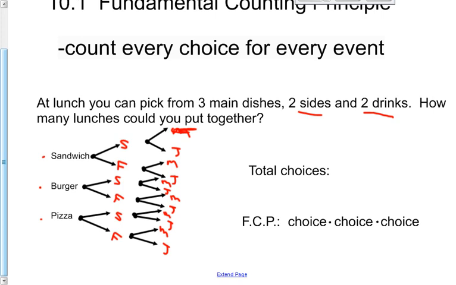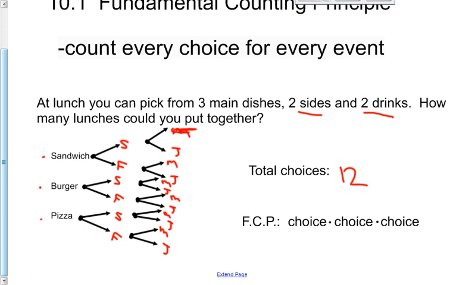If I look at this very last column and count up how many total choices I have, that will give me my answer. So I'm looking at all of this last row right here, which is the milk juice row. So I've got 1, 2, 3, 4, 5, 6, 7, 8, 9, 10, 11, 12. I have 12 different ways that I could put this meal together.